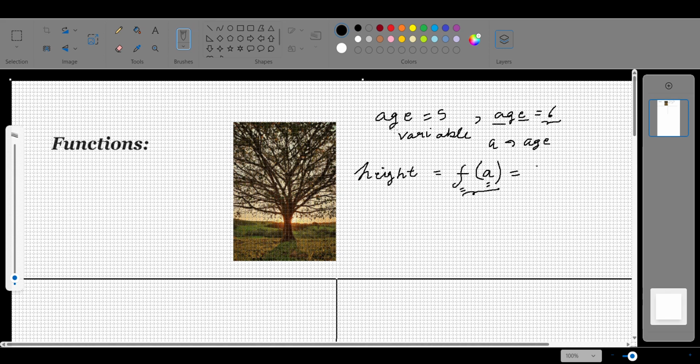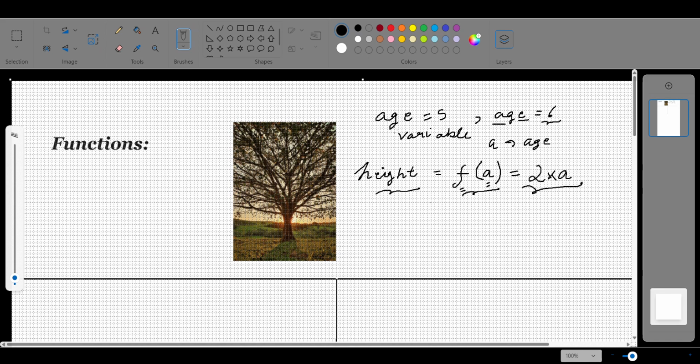And let's just say the height is equal to 2 times a. That's not true with respect to the earth, but this is just an assumed equation that we're creating. So this means that the height of the tree is 2 times the age of the tree.